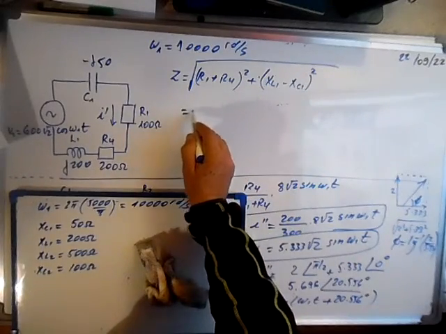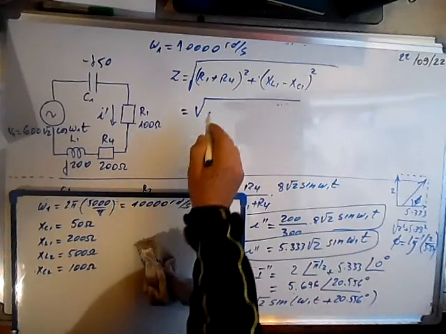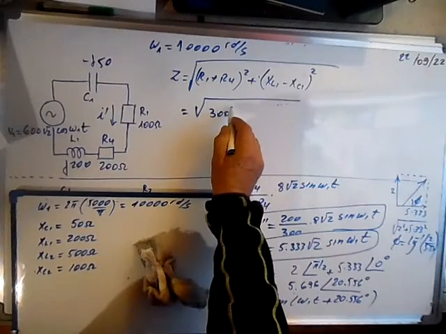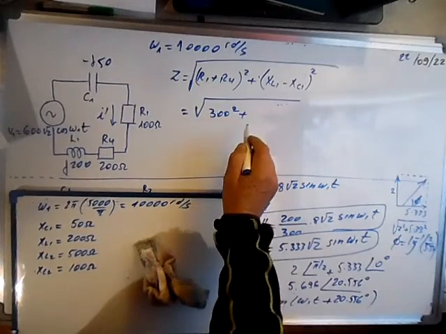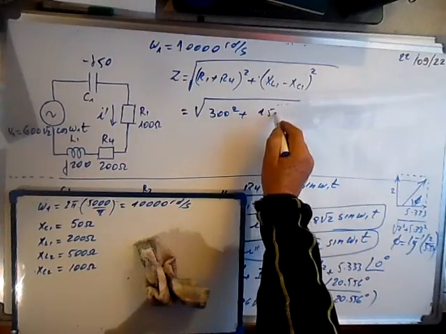So Z is equal to the square root of 300 squared plus 150 squared.